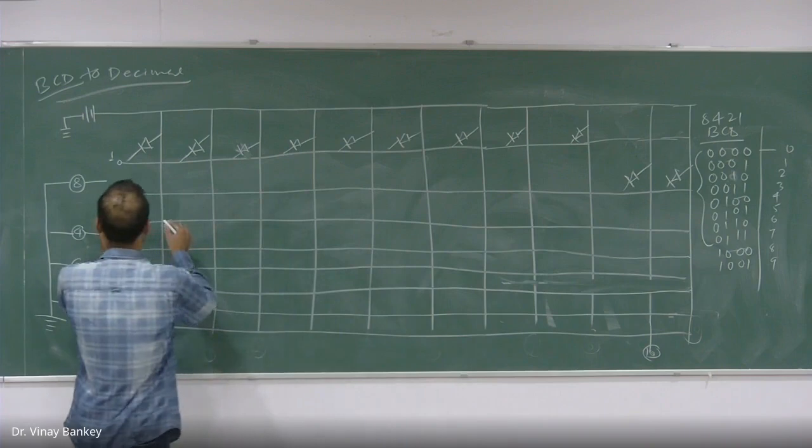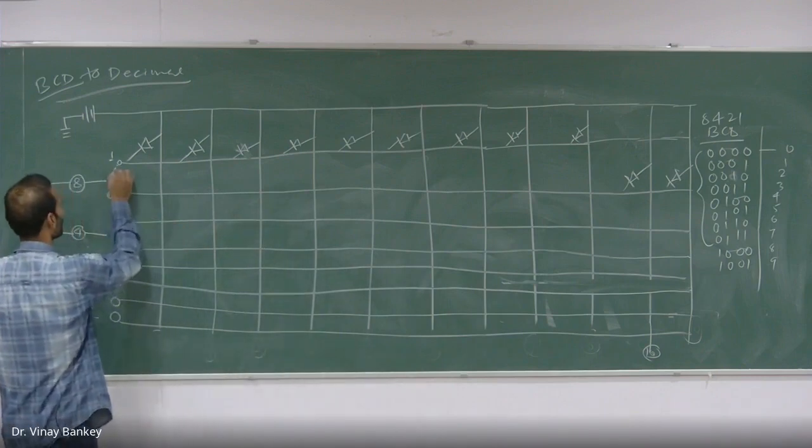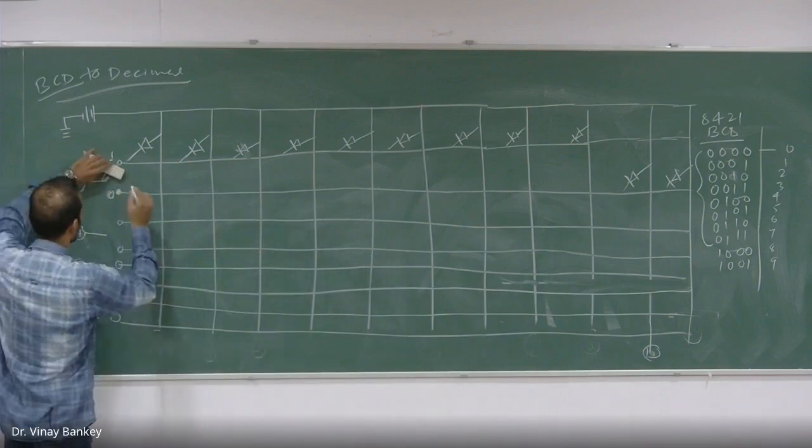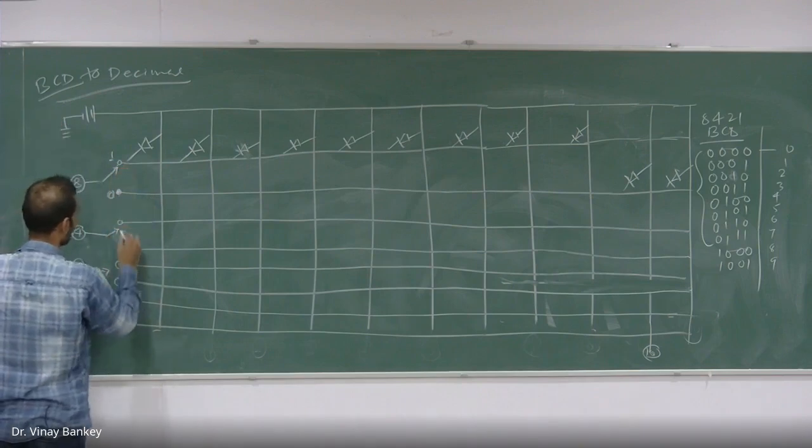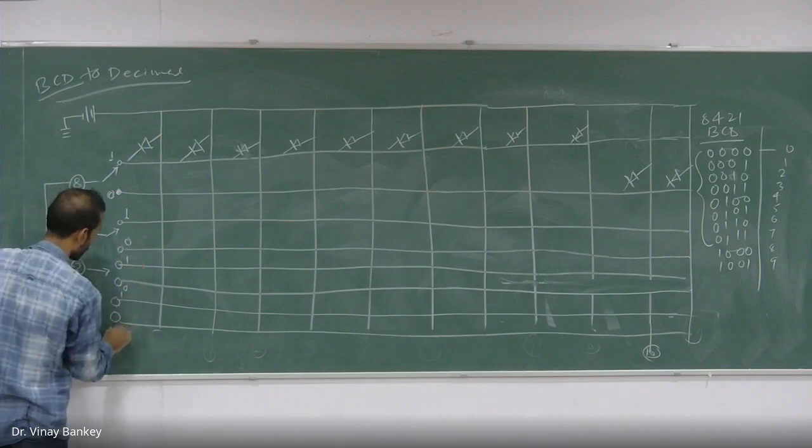Okay, now this is 0 and 1. So there will be a switch in this way, and this defines 1 and this defines 0. Here 1 0 and 1 and 0.